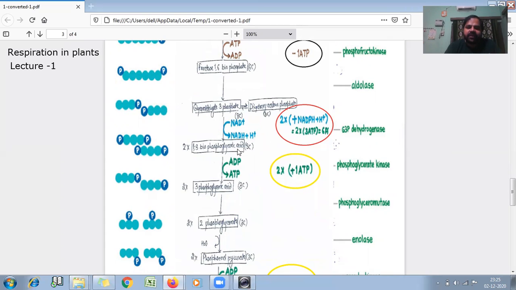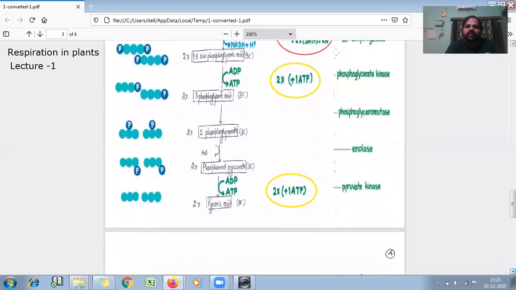Again, we can see here in this step, 1,3-bisphosphoglyceric acid to 3-phosphoglyceric acid, in one reaction one ATP has been generated. Since two molecules are there, that's why two ATP have been generated.